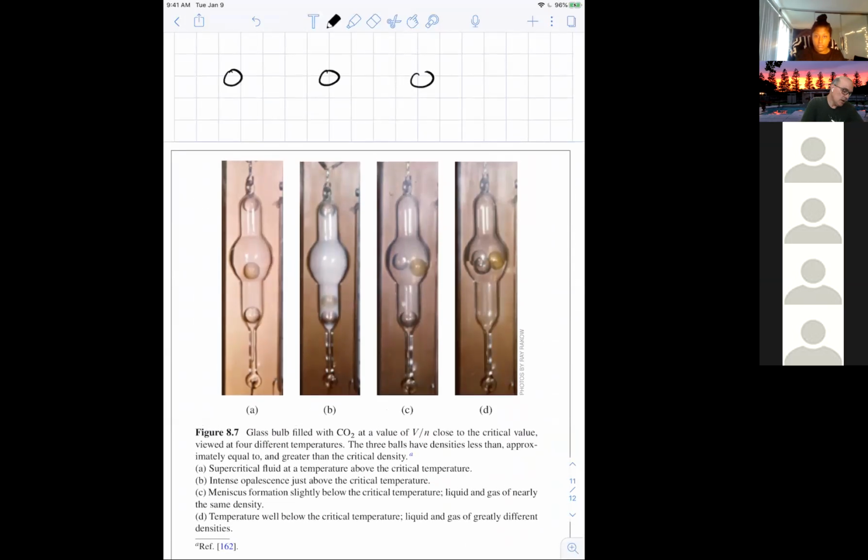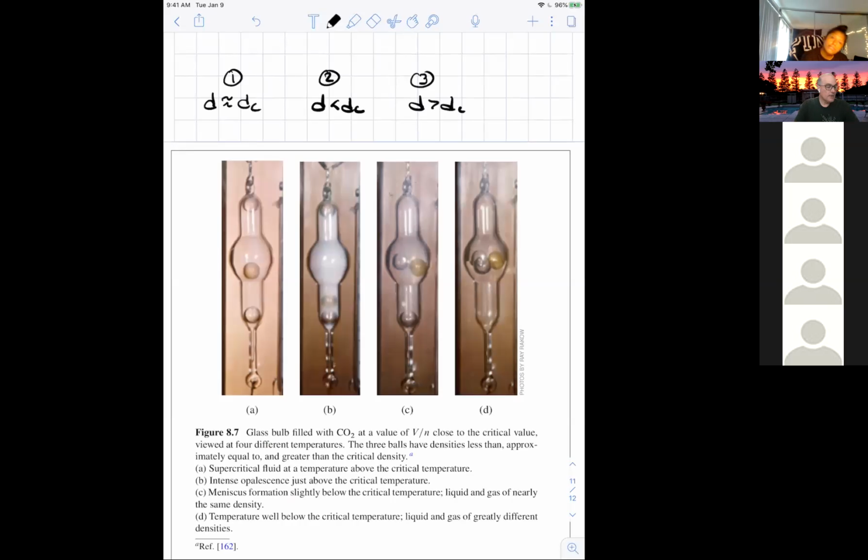Sphere 1 has a density about the critical density, let's call it DC. So one of the spheres has a density that's essentially the same as the density at the critical point. One has a density less than the critical density, and one has a density greater than the critical density. So that's what those 3 spheres are.